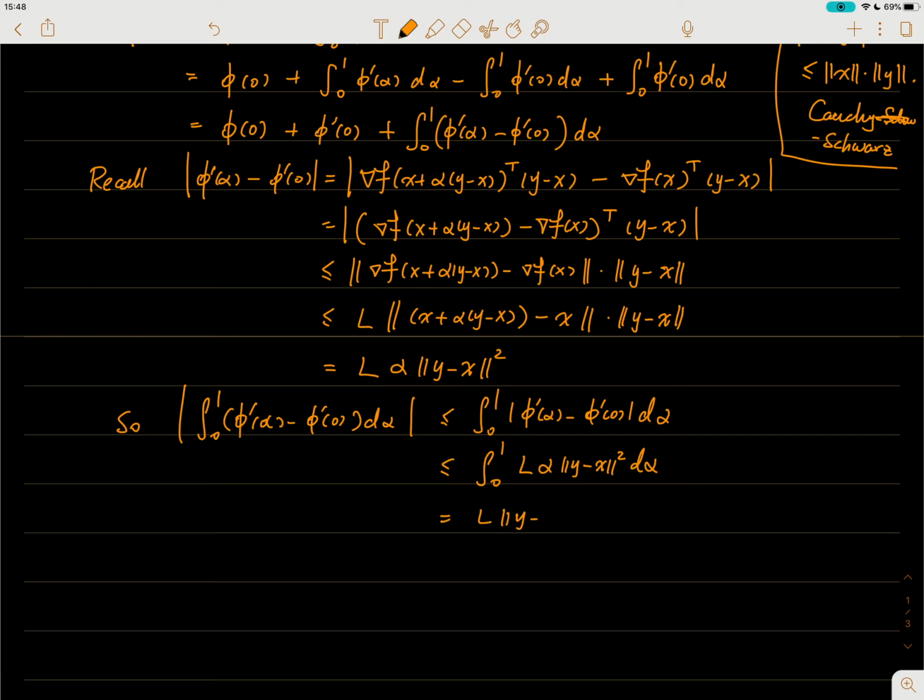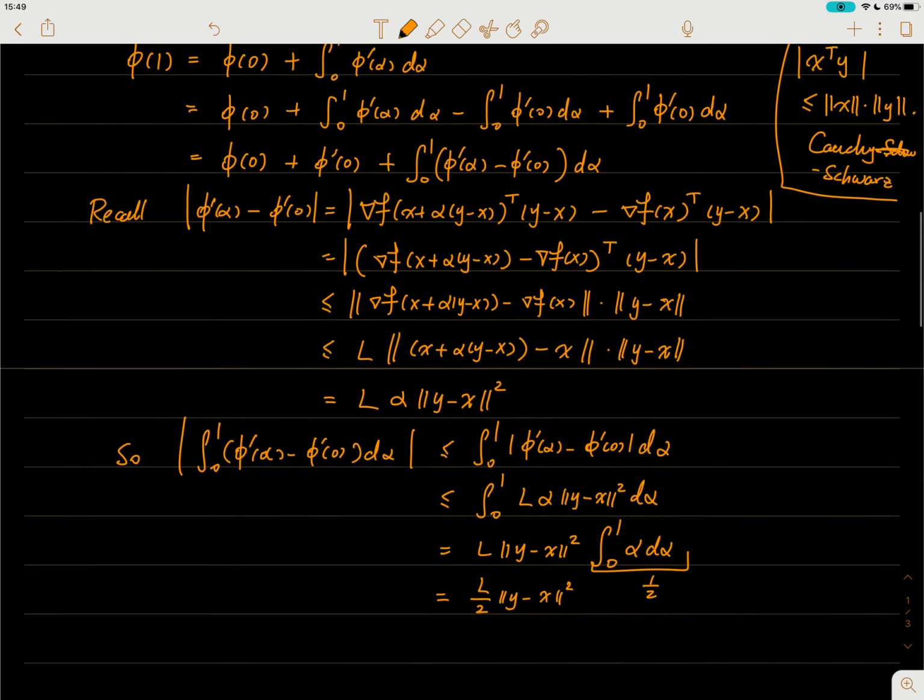I have just the integral from 0 to 1 of alpha d alpha, and you know that this integral is just 1/2. So in total I have just L over 2 times norm of y minus x squared.